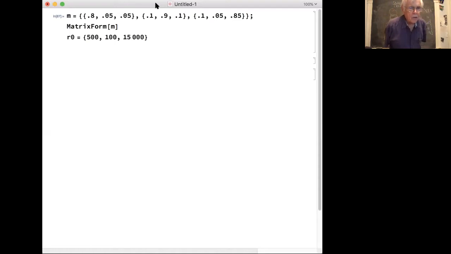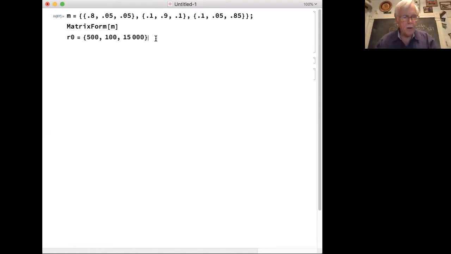And then the initial group is in the cable, we had 500. And in satellite, we had 100. This is the famous R0 that they use for all initial conditions. They're using it for COVID now. Maybe you've seen R0. And so let's enter that and see what we got.